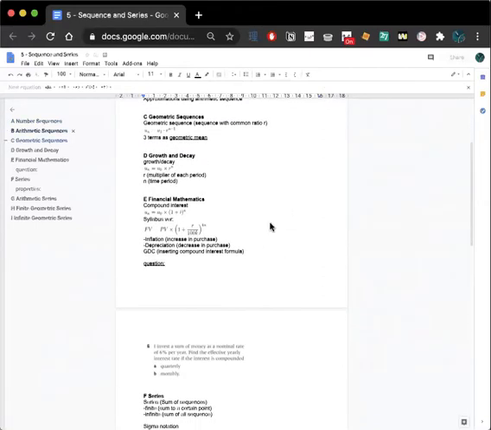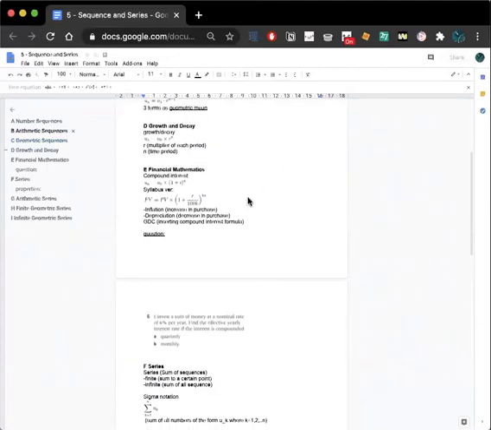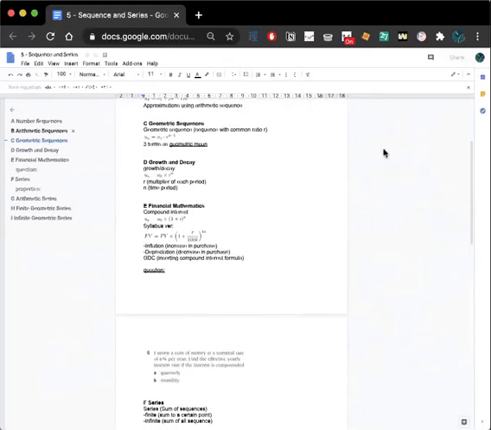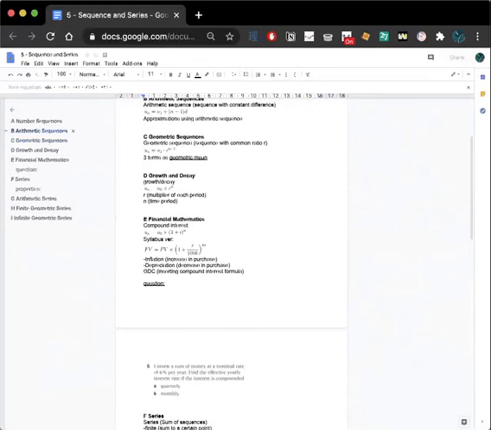Okay, so since I've covered growth and decay, now I'm going to cover financial mathematics. Financial mathematics also has a lot of correlations with geometric sequences and growth and decay, because if you see the format of the formulas, they're quite similar. Times 1 plus I to the power of n.